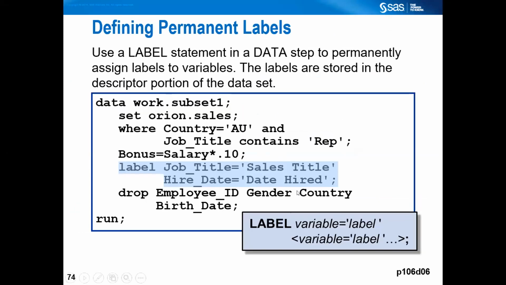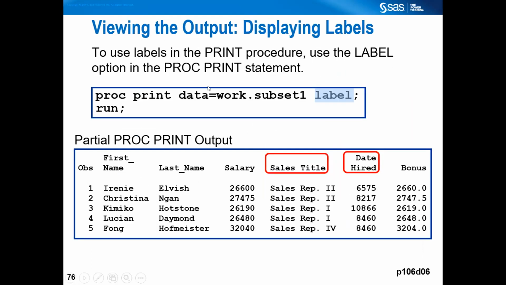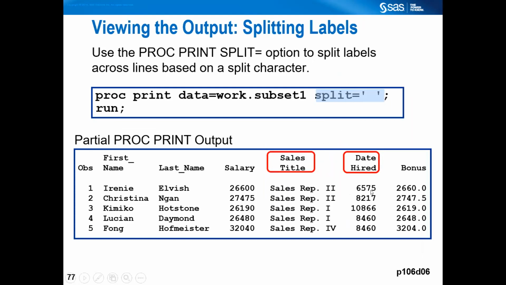This is the syntax for label. It's the same label syntax which we write in proc print. The only difference is that in proc print it is just for the result, whereas when we write it in a data step, it becomes one of the permanent attributes. This is what you see in your proc contents. And with proc print, simply write the label option, then only those labels will be seen.